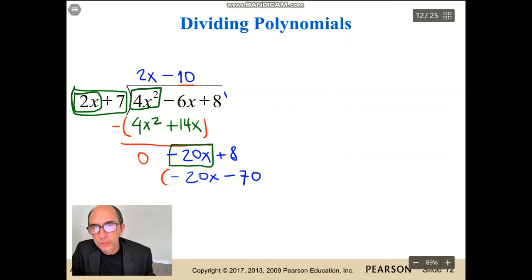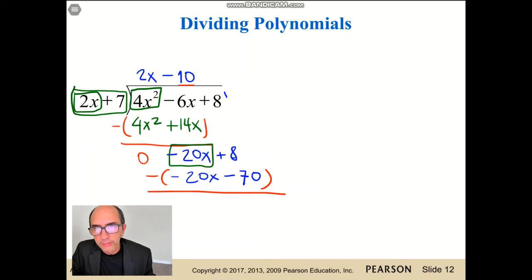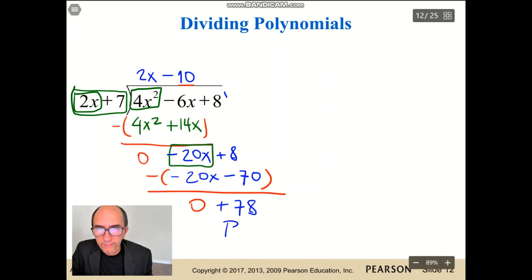We are going to subtract negative 20x minus negative 20x, that's going to be positive, so 0. And positive 8 minus negative 70, negative with negative positive, 70 plus 8, 78. And this is going to be the remainder.